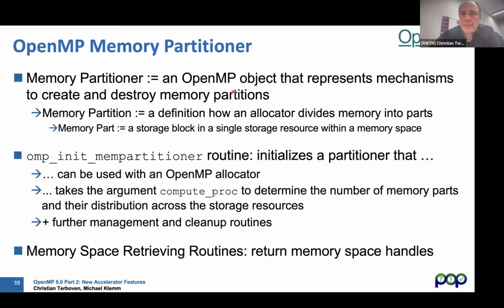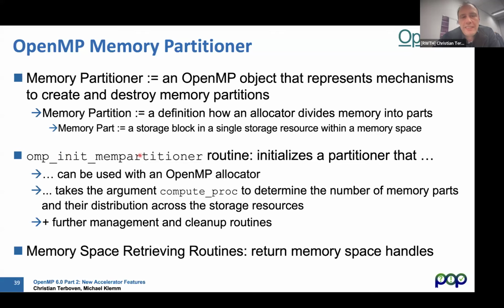So it's an opaque object to some extent that computes the memory partition as a set of so-called memory parts, where a memory part is then a storage block in a single storage resource, meaning a physical allocation like a page or something specific if you're on a different or special system. And the idea is that the memory partition is being computed by a code in your program.